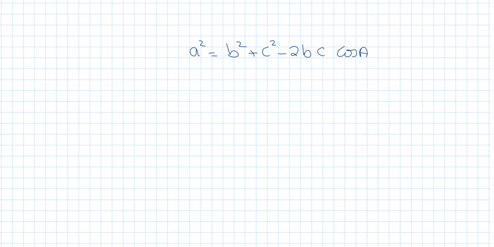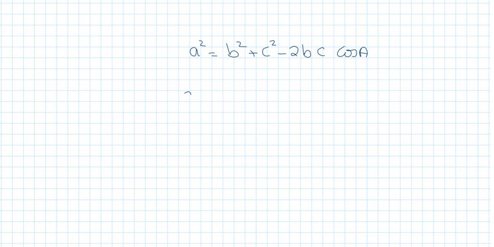So the ultimate goal is I want to isolate for cosine A, because I'm looking for that angle. What's the first thing you want to get rid of? So you want to bring these over, and when you bring them over, what does it become? Negative.